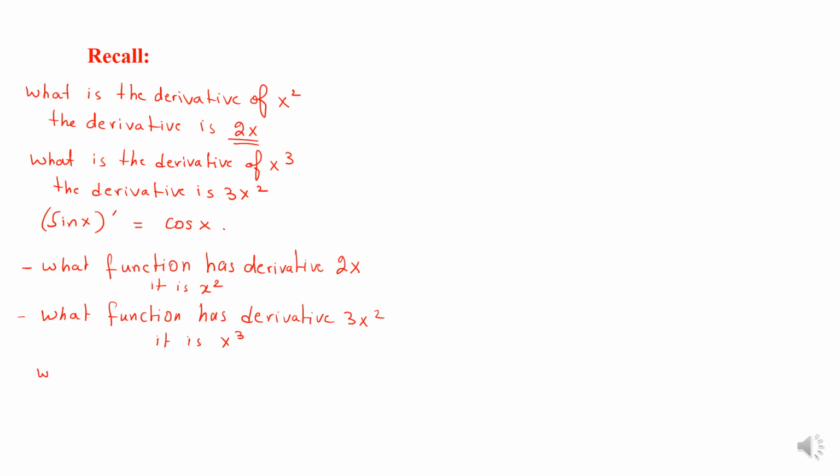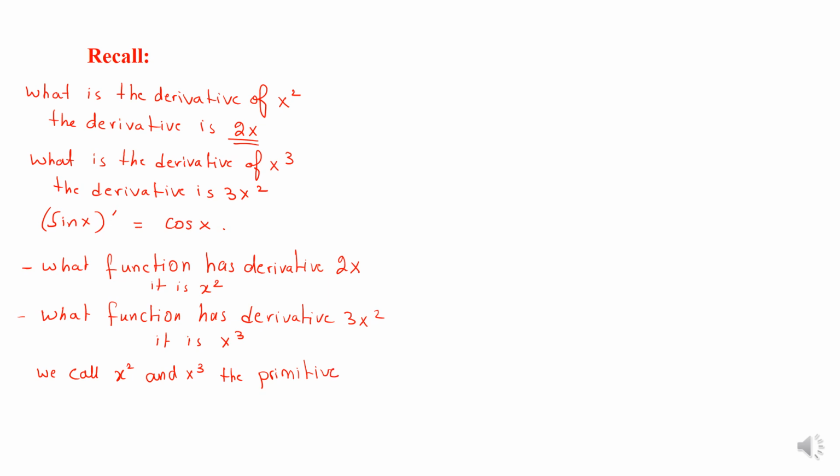So we call x power 2 and x power 3 the primitives. So the primitive is the opposite of the derivative.